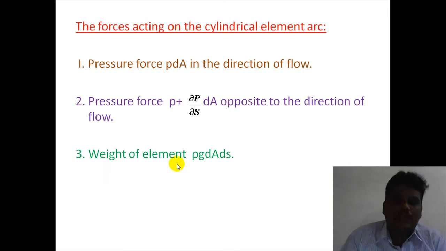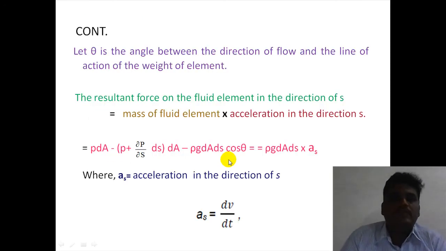The weight of the element is equal to mass multiplied with acceleration due to gravity, that is rho g multiplied with volume. Rho g is nothing but the weight density, and weight density multiplied with volume is the weight of the fluid. So weight is rho g dA into ds.